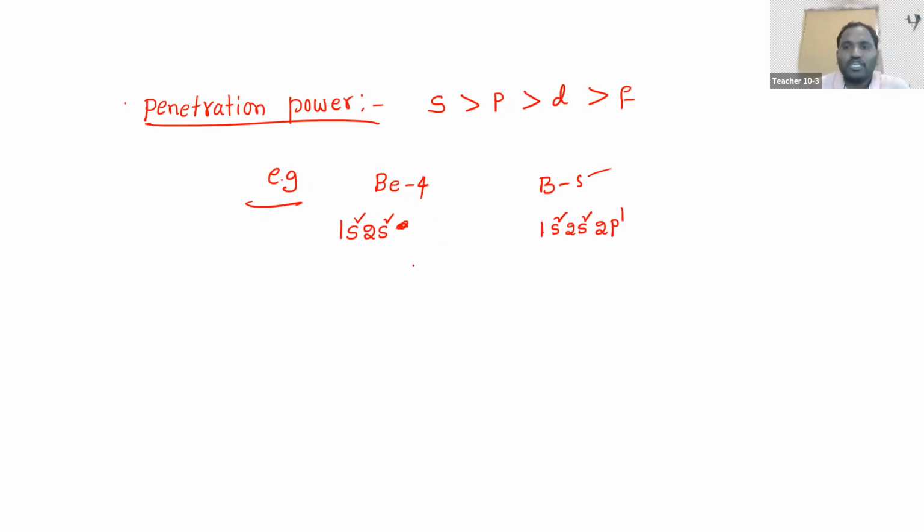Observe, students: if I want to remove an electron here, from which orbital do I have to remove? S. Here, p. So in which case do we need to apply more energy? Beryllium or boron?